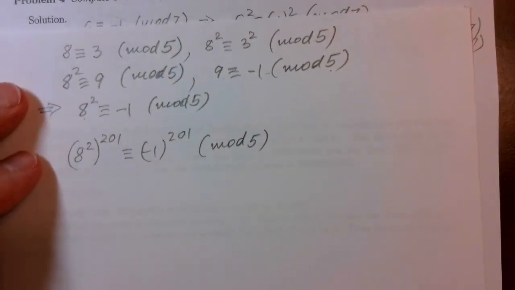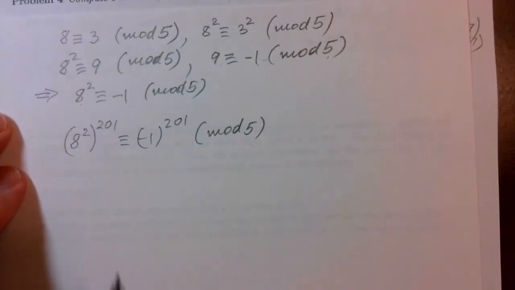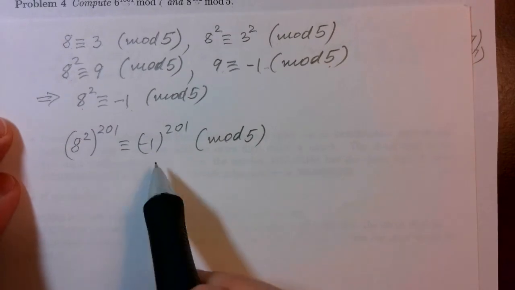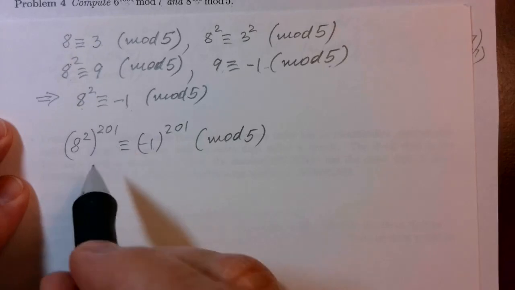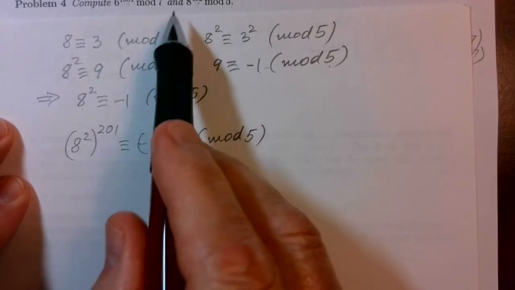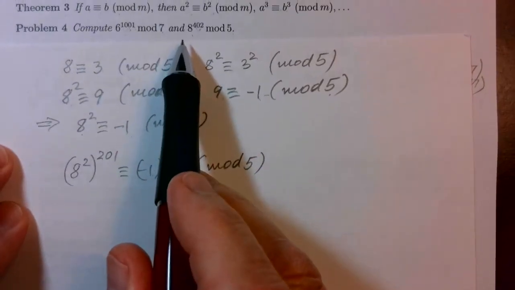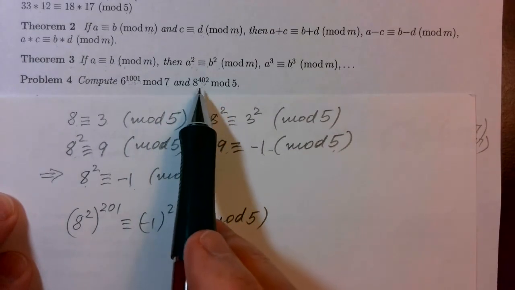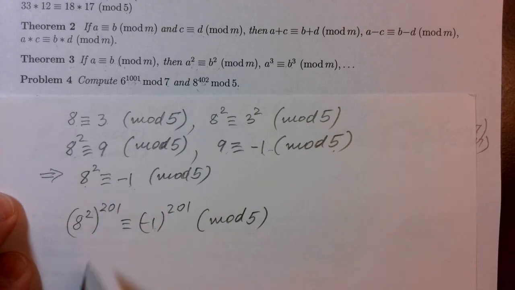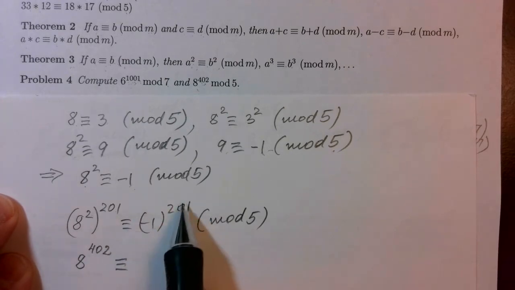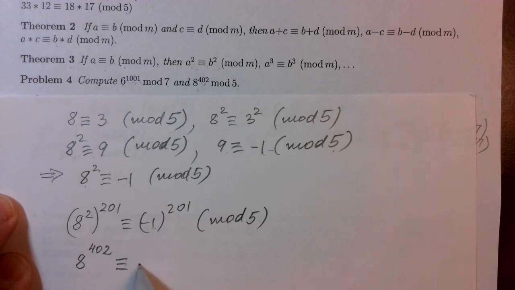Now, the left-hand side is just what I need. Here, I need 8 to the power 402. 2 times 201 is 402. And this is just -1.